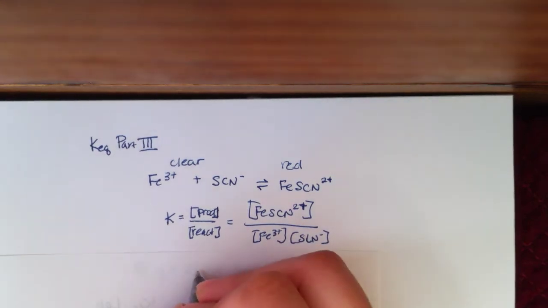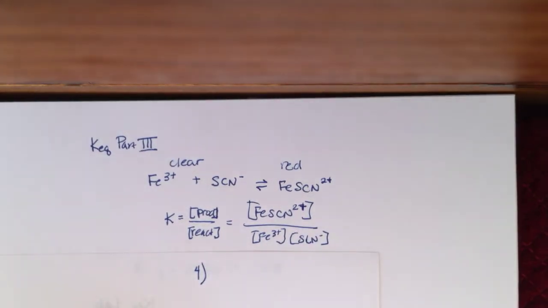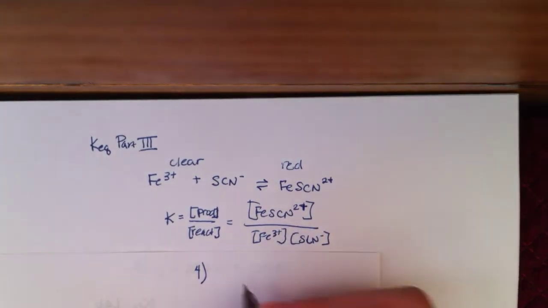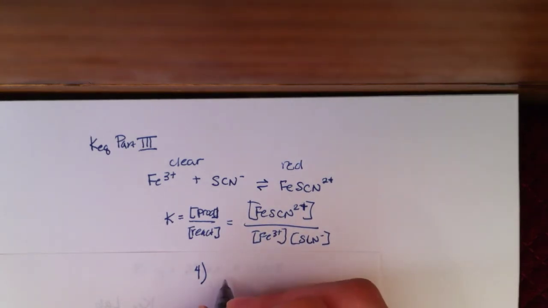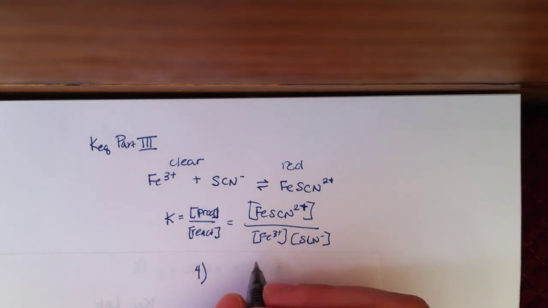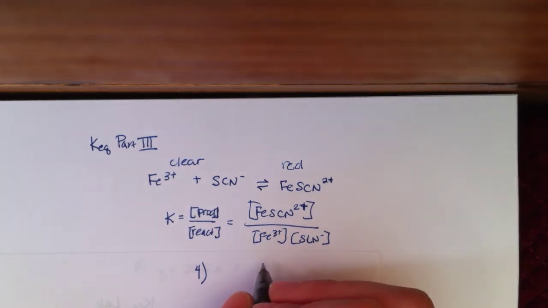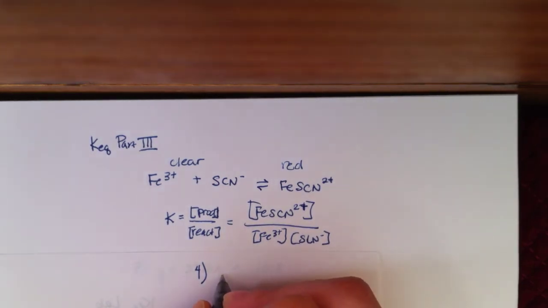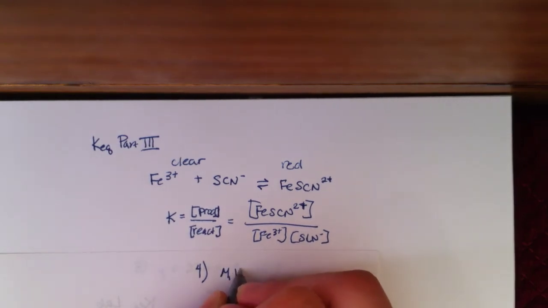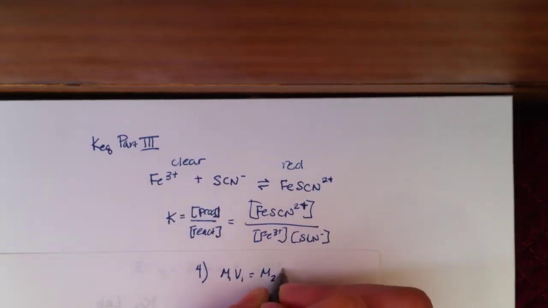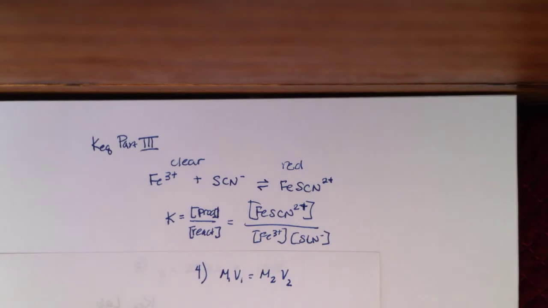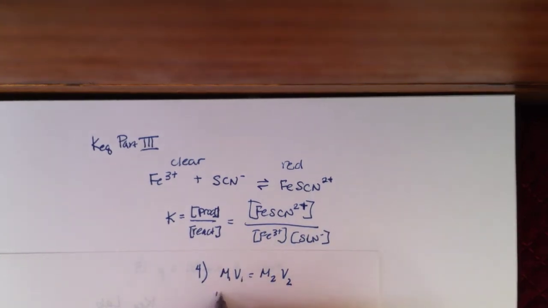So in number 4, we have to determine the concentration of the iron and the thiocyanate. We can find what we started out with initially before the reaction went to equilibrium. We can find that because we know that M1V1 equals M2V2. We started out, our first molarity was 0.002, and we put in 3 milliliters, 0.003 liters.